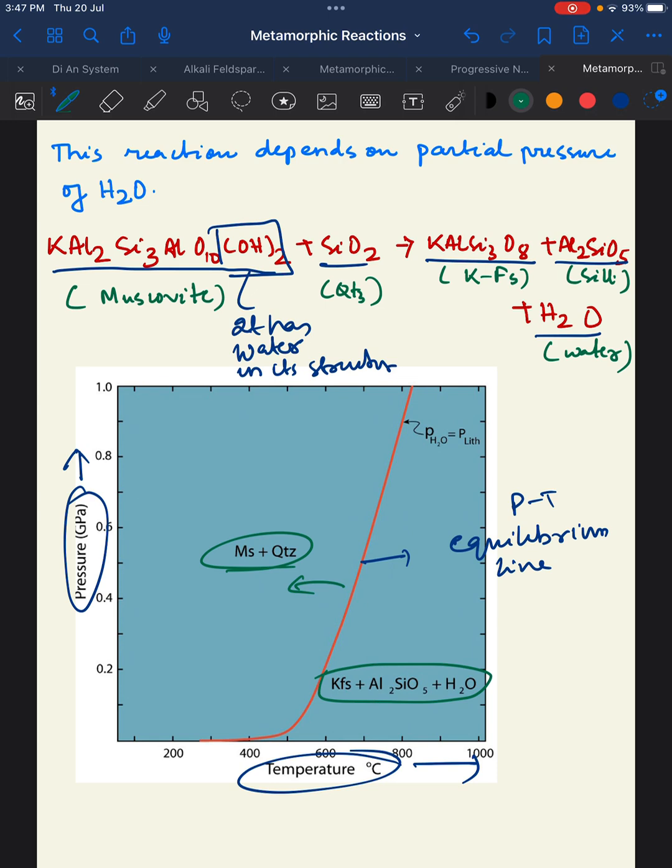Suppose I have a temperature of 600 degrees centigrade; in that case muscovite plus quartz will be converted to K feldspar plus sillimanite plus water. If the temperature is reduced to 200 degrees centigrade, then this will be converted back to this side. So it depends on the temperature and pressure.